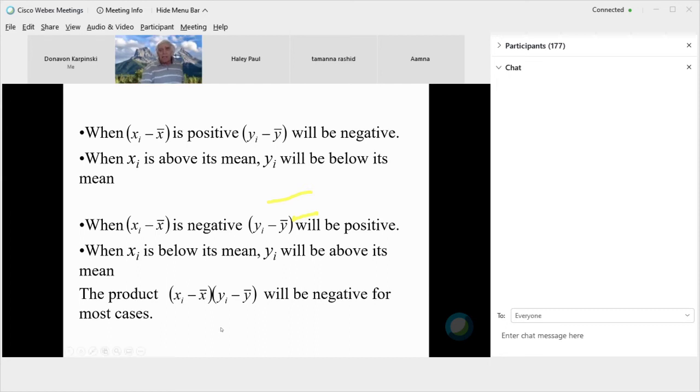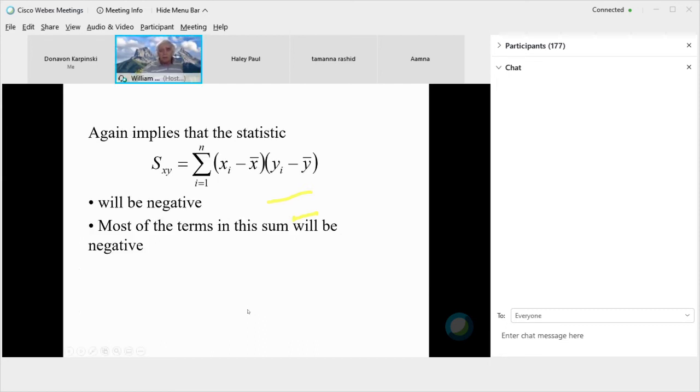So in that case, the product will likely be negative. So the statistic will be negative when there's a negative relationship, positive if there's a positive relationship.